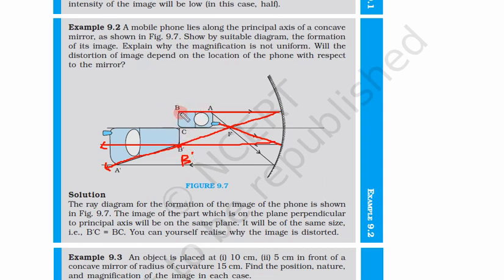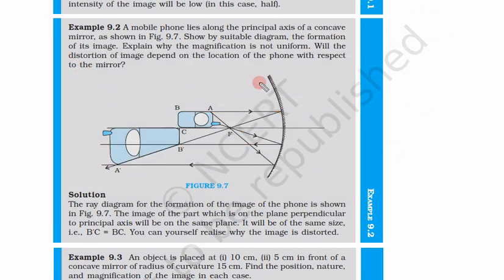In this way we see that this BC or CB dash is equal, but due to this diagonal line, or line at some angle, this image is distorted. This A dash D dash is much more enlarged than this BC. This is much more enlarged.